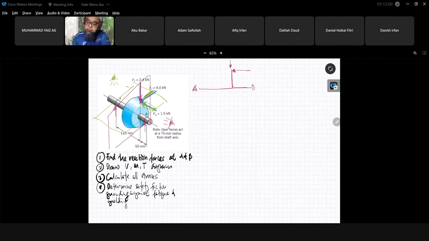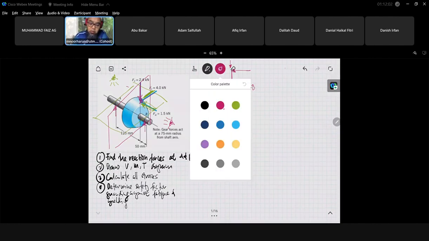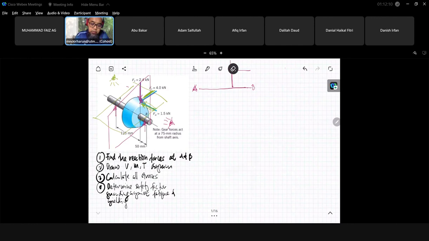Oh, okay. I think the red one is different. The red one is different. Okay, the red one, tengok from different angle.